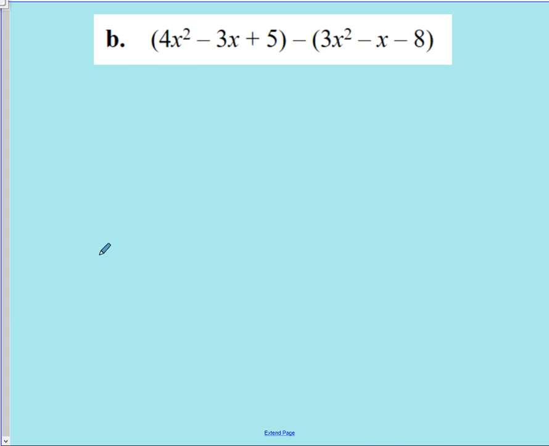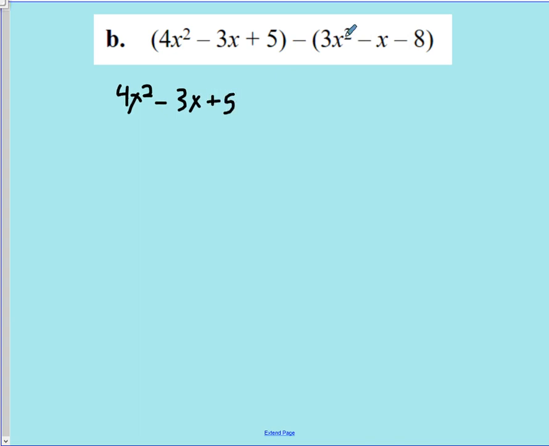So last example of this video, just if you want to try it on your own real quick, I would do that. Otherwise, I am going to rewrite my question right now. Okay. So again, all this stuff in the first parentheses is going to stay the same, so I'm just going to rewrite it. So 4x squared minus 3x plus 5.